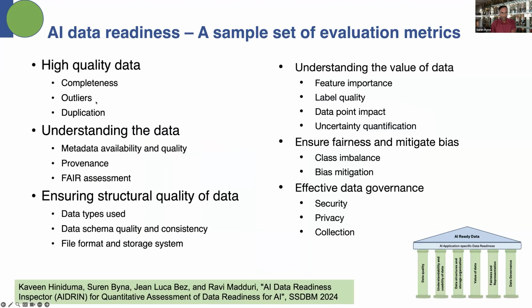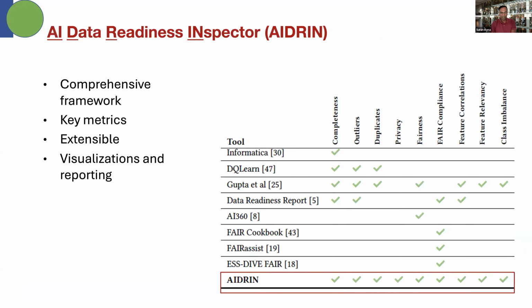So we collected a bunch of metrics for each of these pillars, and then we came up with a tool that performs this analysis, called Adrian. The tool is going to be released this week, so that's why I'm excited and pushing the developers to release it.